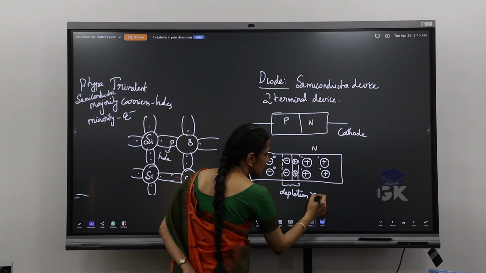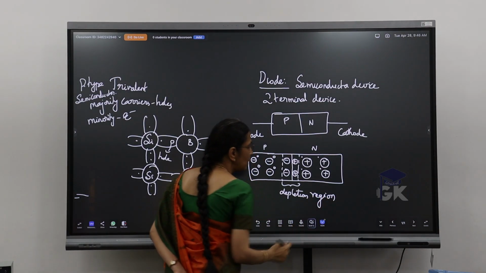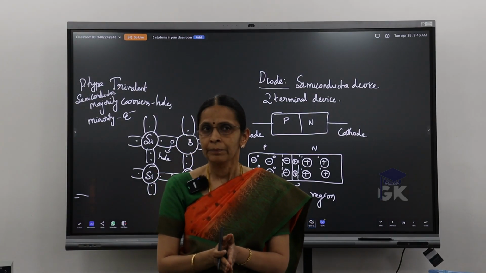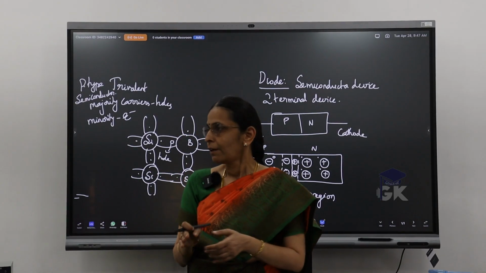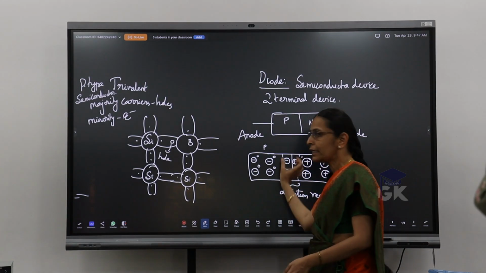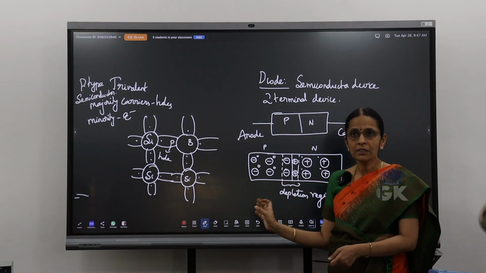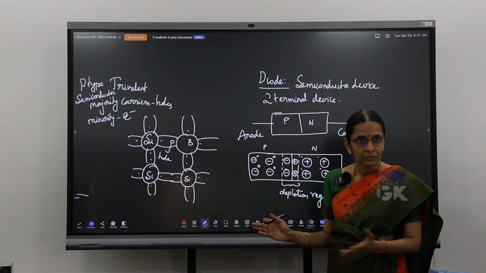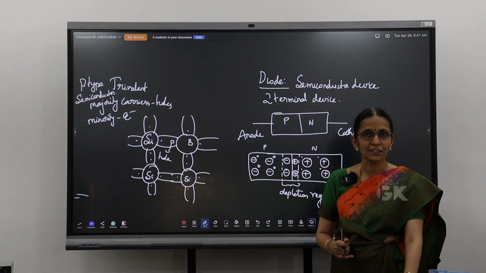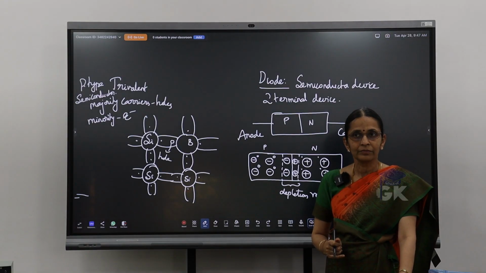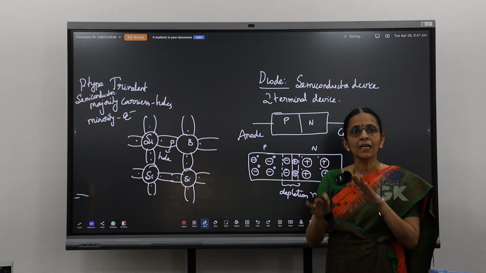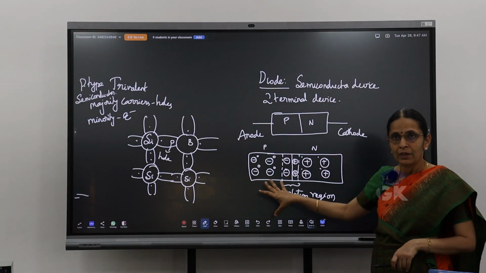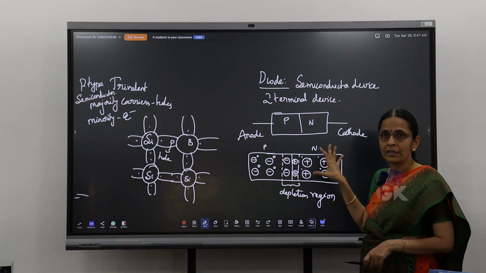So when do I have that? When I combine both P and N type material, I have this structure where a depletion layer is formed. How does this depletion layer get formed? It's because of attraction. Basically, there is charge imbalance. In the P side you have a lot of holes, whereas in the N side you have a lot of electrons.